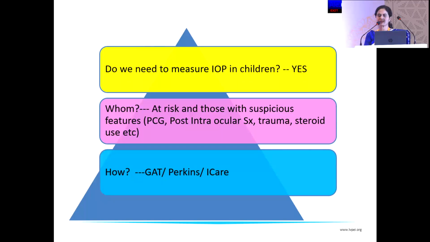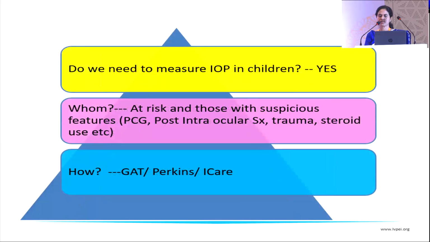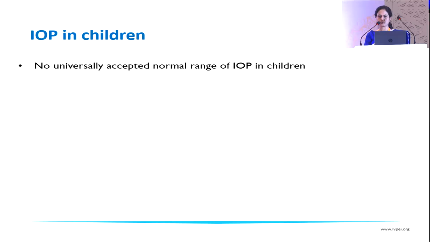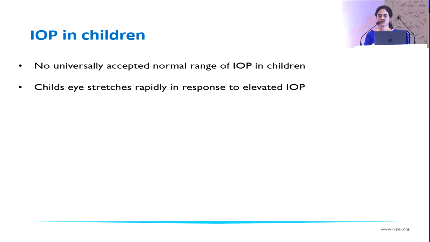So do you need to measure IOP in children? Yes. Whom do you need to measure the pressures in? All those at risk and those suspicious of glaucoma: primary congenital glaucoma, post-trauma, previous intraocular surgeries, steroid use and things like that. And which device do you use? We will go through that in the presentation. There's no universally accepted intraocular pressure which is normal for a child, because that is very variable.